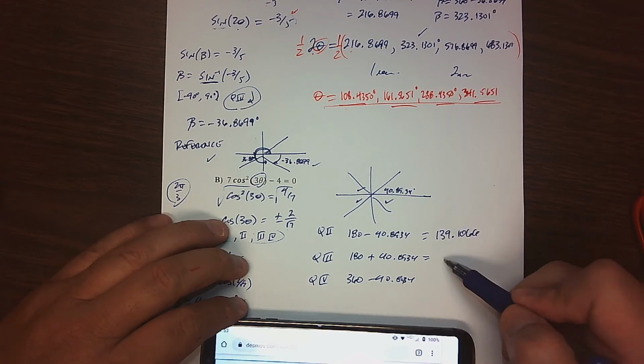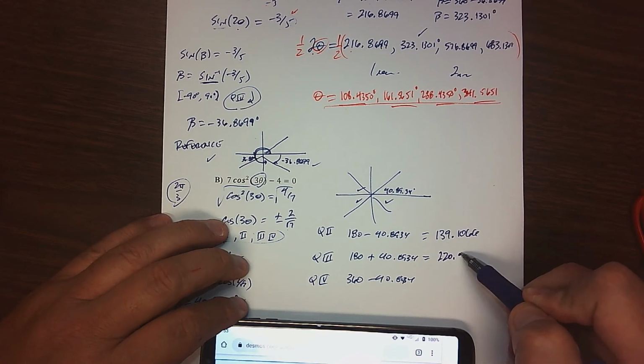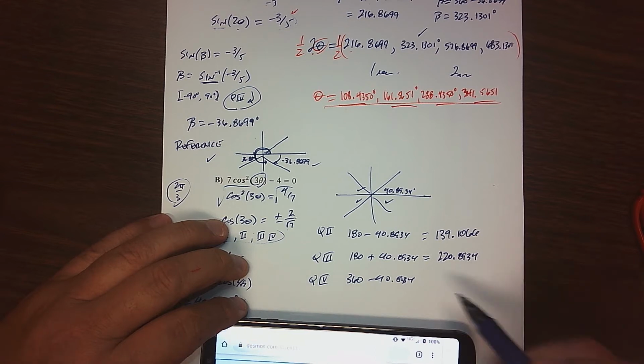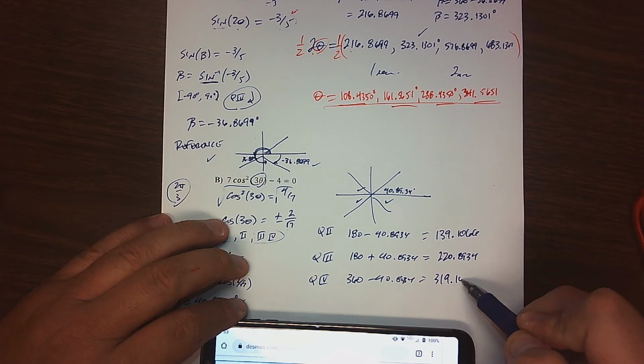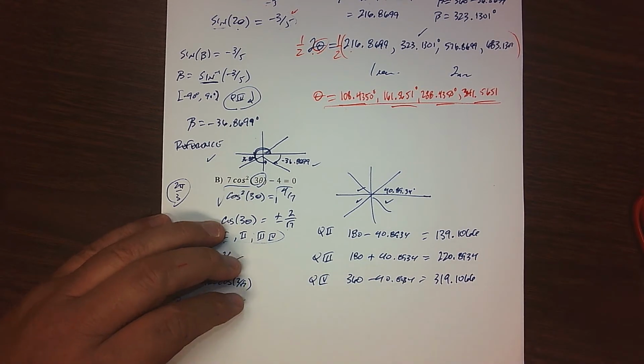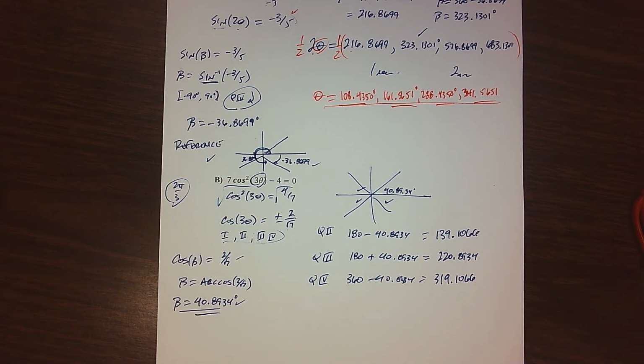And that's 220.8934. And then the next one, we're taking 360 and subtracting it, which gives us 319.1066. Okay, so that's what we basically have at the moment.